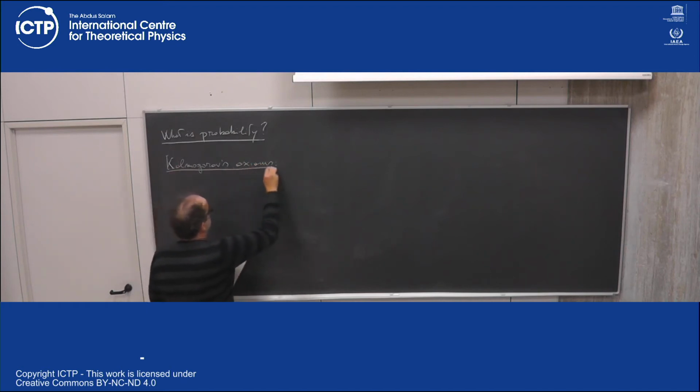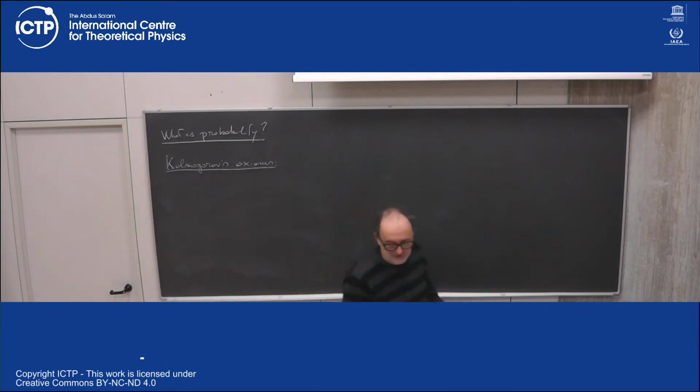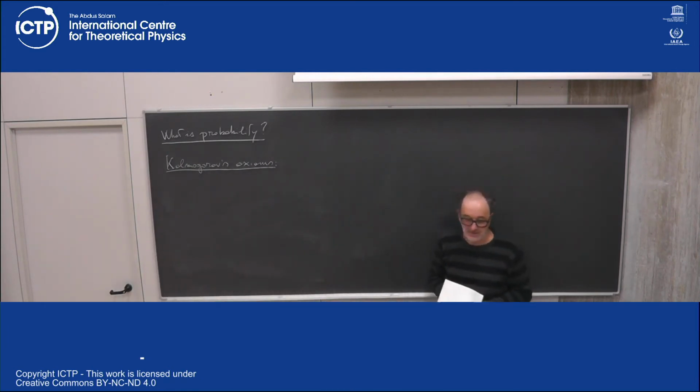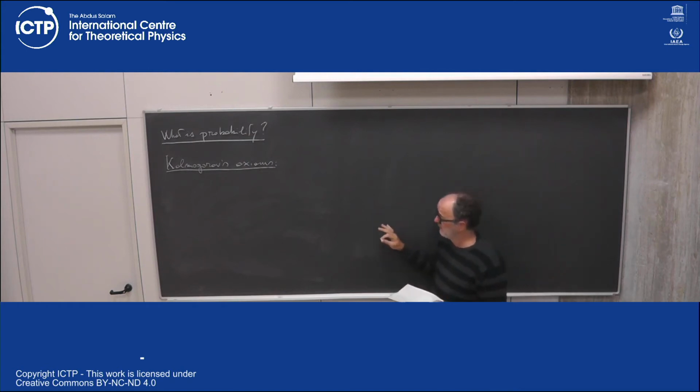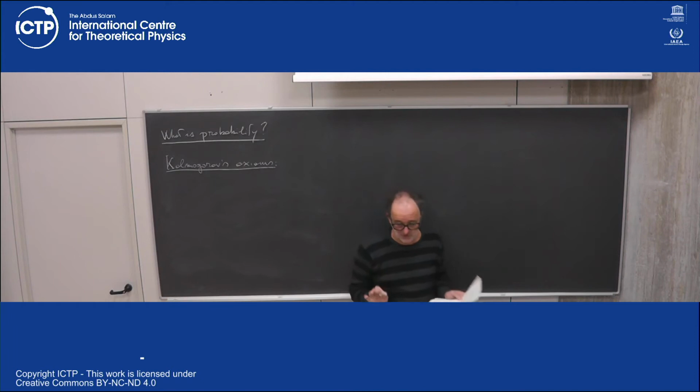So this is not the only way in which one can give an axiomatic definition of probability. There are different ways. But in the first part of the course, we will mostly be concerned with doing calculation.